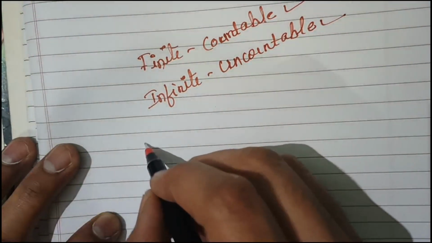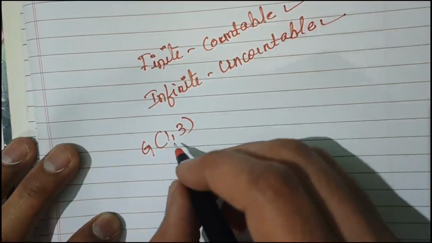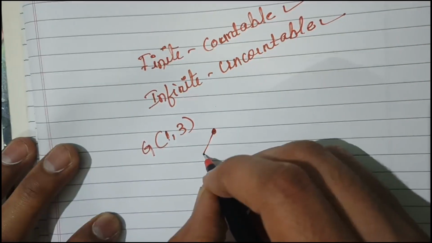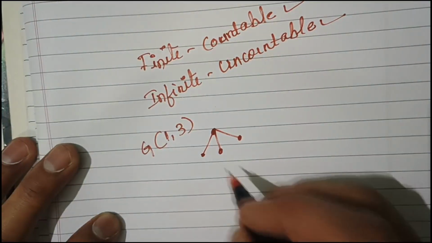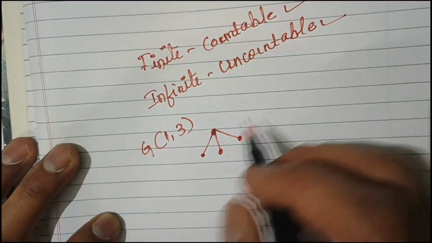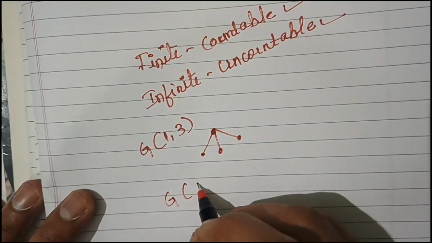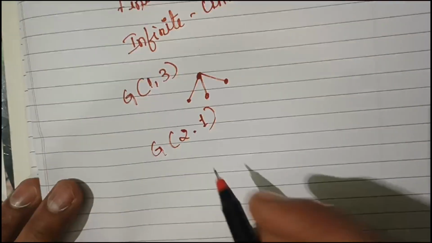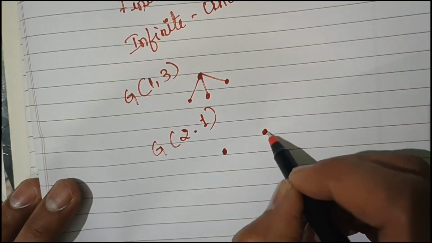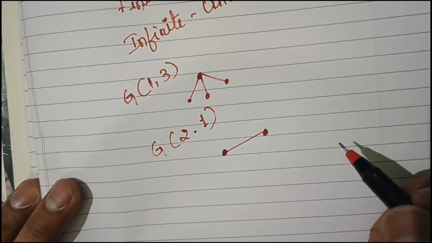For example, if G of 1 comma 3 is given, we can draw this one. This is one graph. If G of 2 comma 1 is given, how can you draw it? Two vertices with one edge. Yes or no?